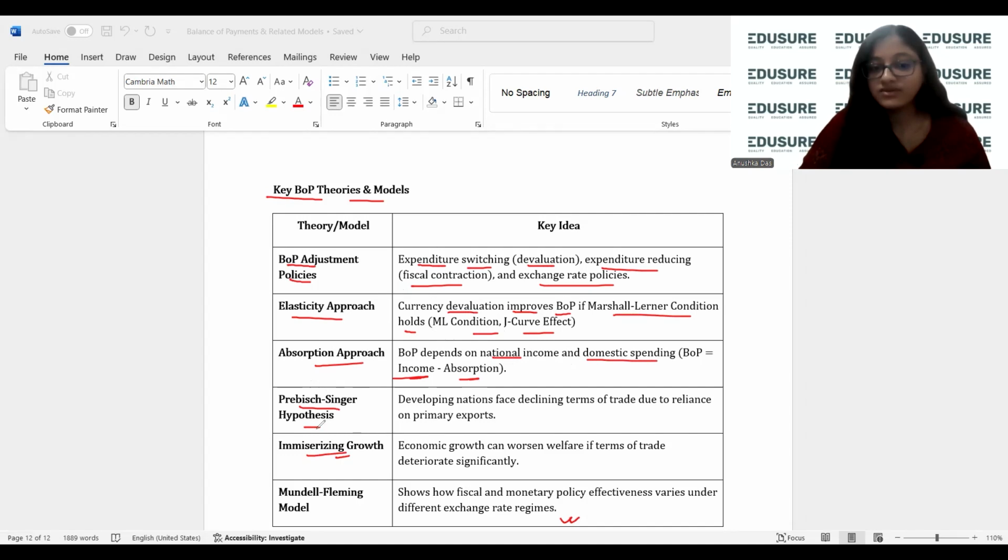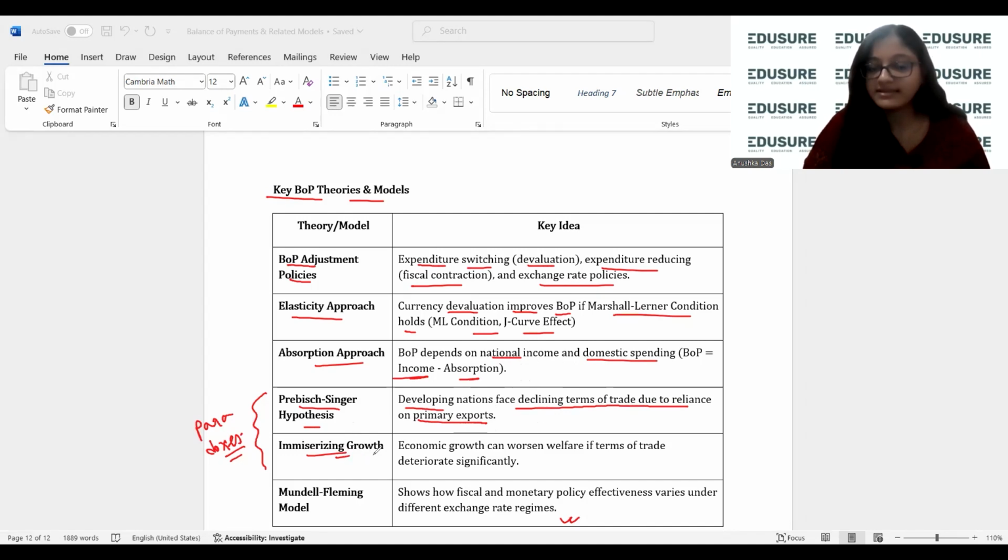Prebisch-Singer and Immiserizing Growth, these are two paradoxes, right? Paradoxes in case of economic growth and BoP surplus, basically BoP adjustment. So Prebisch-Singer said that developing nations face decline in terms of trade due to reliance on primary exports. So in one line, I have explained the essence of this theorem and all the paradoxes also. Right? So this chart is very important.